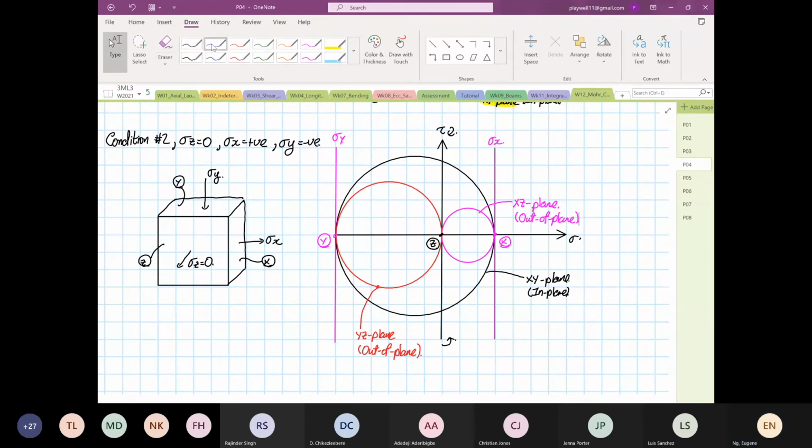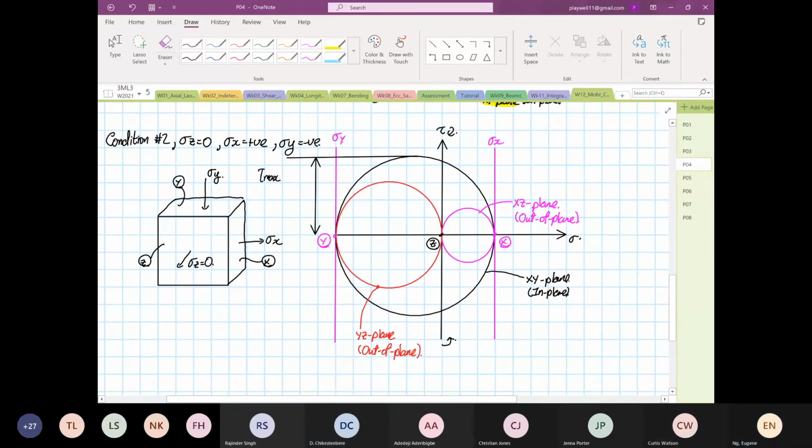Anyone? Come on, what can you observe from this condition? Anyone? Max shear is in plane. The max shear is in plane. Yes.